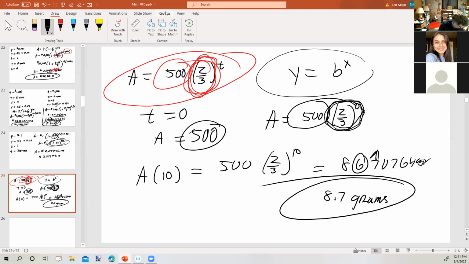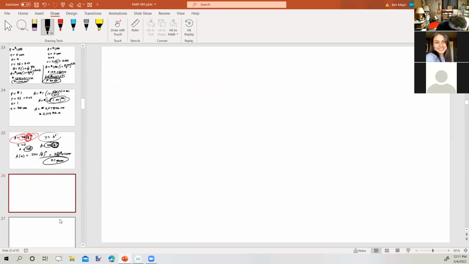All right. Let's look at another example. This is population growth, and the formula is P equals 3,745 times 0.93 to the T power.